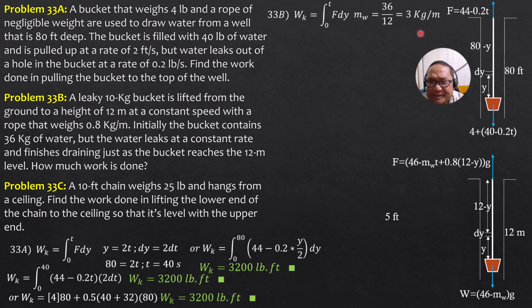So 3 kilograms per meter. Then 36 kilograms of water initially minus the rate at which the water is draining out, kilogram per meter times time, equals 0, because as the bucket reaches the top, no more water is retained in the bucket. So that's why we equate it to 0. So that means time is equal to 12 seconds.